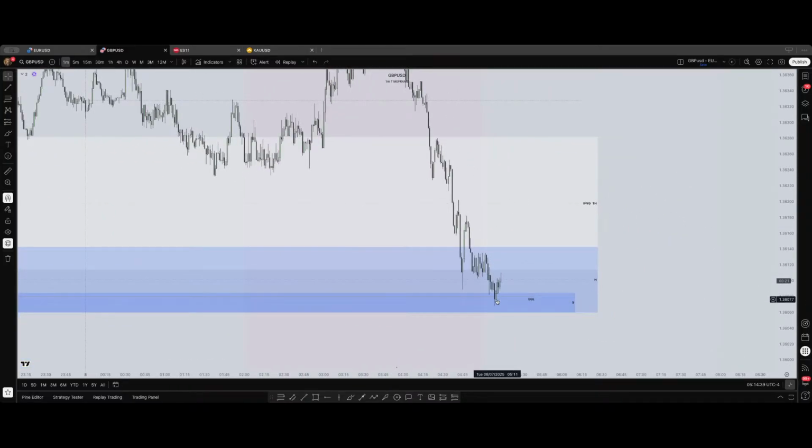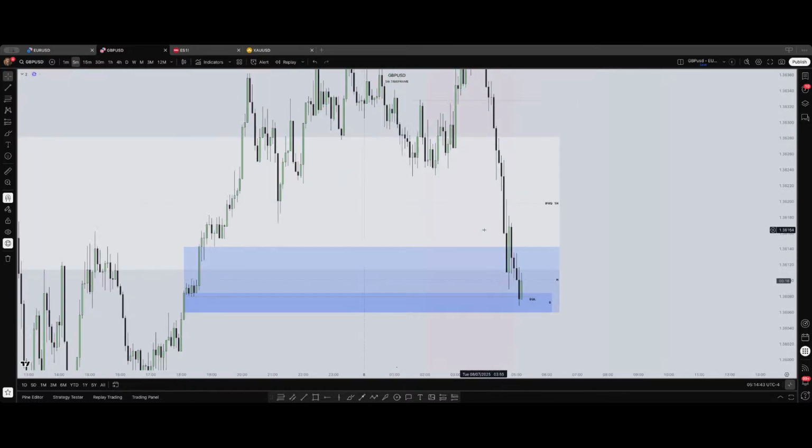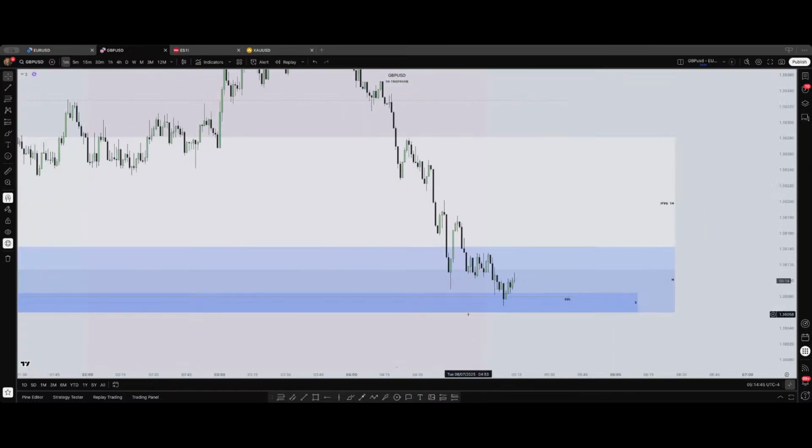I want displacement to the upside, and at least on the 1 minute I want it to break this high, a market structure shift here. There are equal lows, equal highs.